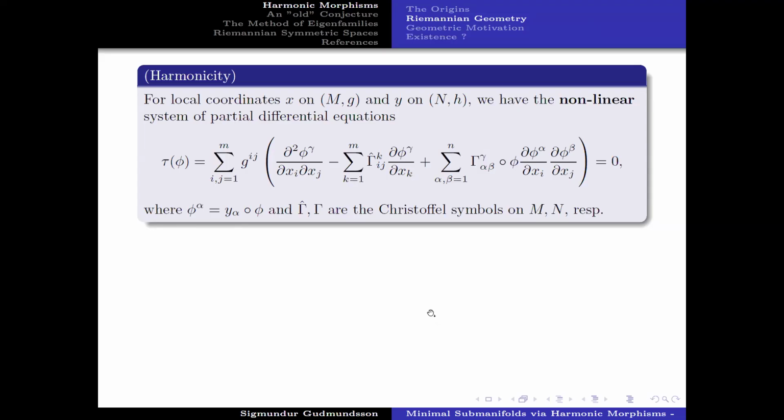In the non-compact case, yes. My question is the following: can your method produce one-parameter families of minimal submanifolds which are isometric?